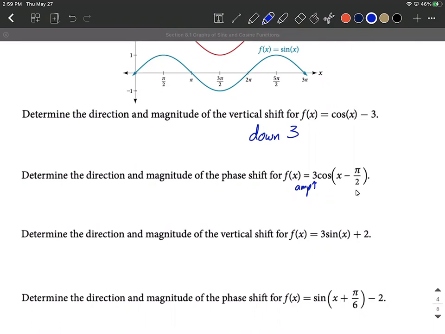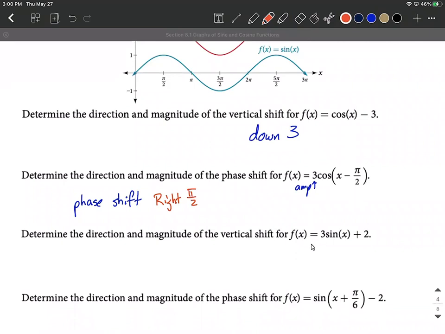But then the minus pi over 2 attached directly to x, that's going to affect our phase shift, because we attached a number directly to x. And remember, that's just moving it to the left or to the right. As we've subtracted a number from x, that's going to work counterintuitively. We're going to say that moves everything to the right, pi over 2. So it sort of works the opposite direction you think it should.